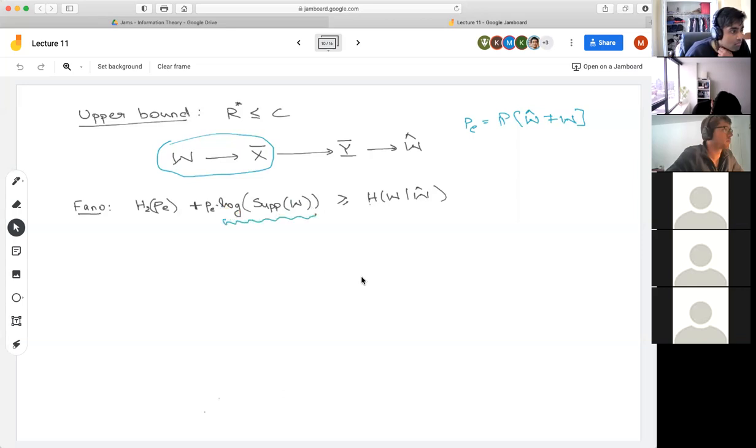This is log of the number of messages, because the support of W is just a set of messages. And we also know, by definition of the rate, that this is equal to n times R. R is just defined to be log M over n. So whatever is the rate.